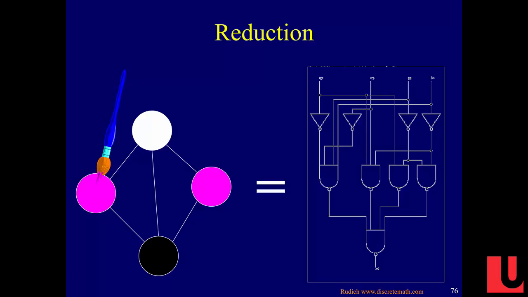Or, given a circuit, is there an input that outputs 1, outputs true, a satisfying assignment? We're going to prove that if you can solve this problem, you can solve this problem. It's sort of dumb because you can't solve this problem and you can't solve this one. They both, as far as we know, take exponential time.